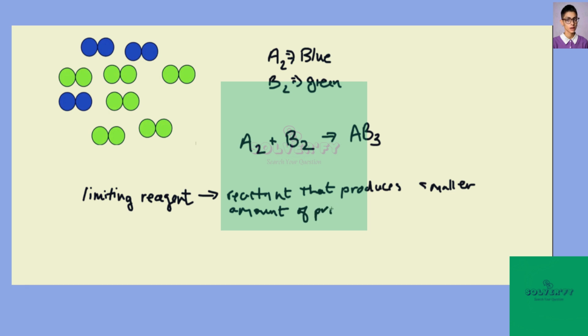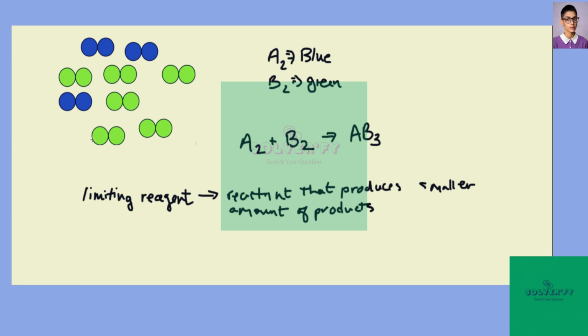And it's important to go through the stoichiometric calculations rather than just looking at inspection, because it's not always the reactant that is present in smaller quantities. So we have to take into account our stoichiometrically equivalent ratios.